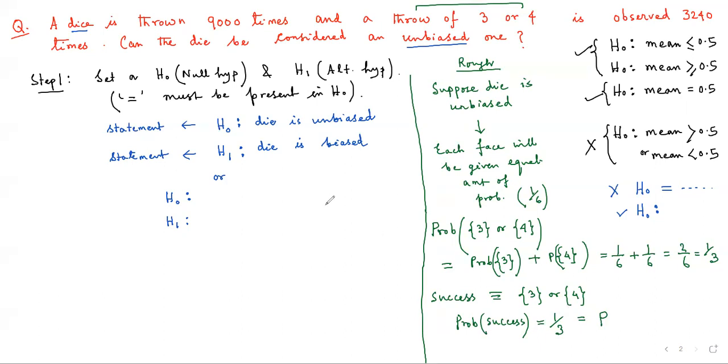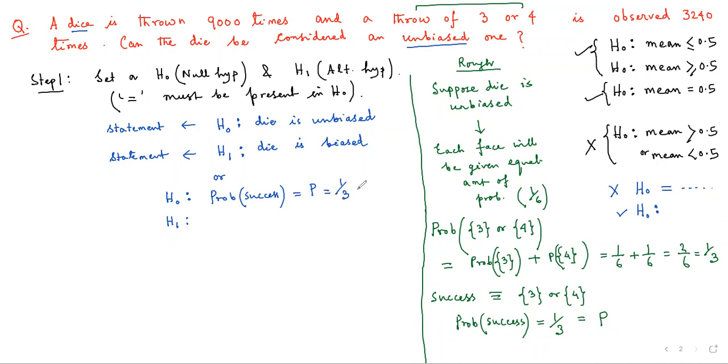Now, to write the mathematical statement of the null hypothesis, we consider the probability of success over here. We can write the probability of success, which we denote by P, and we'll say that it is equal to 1/3.